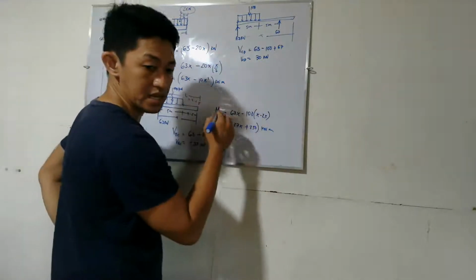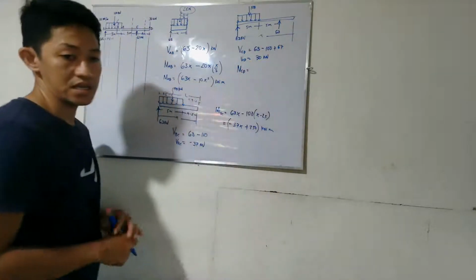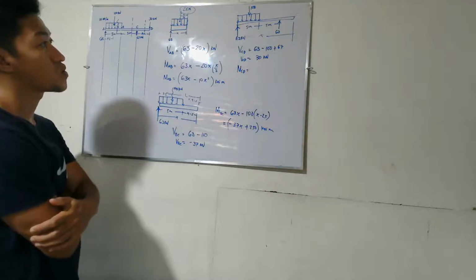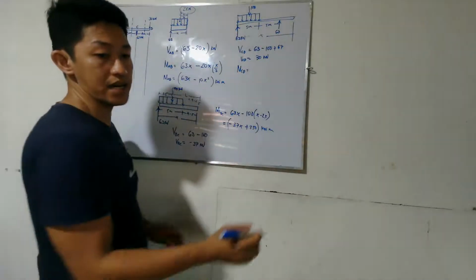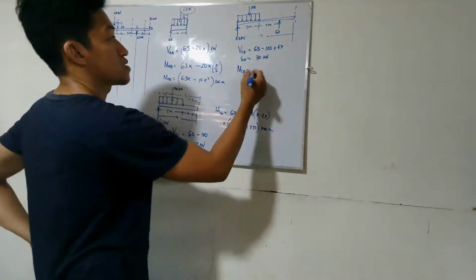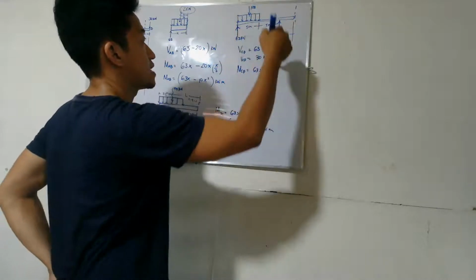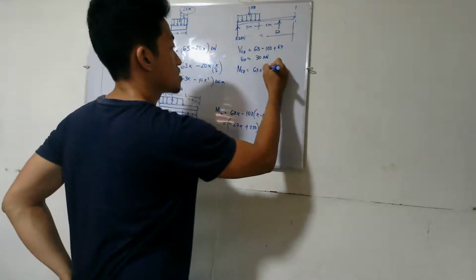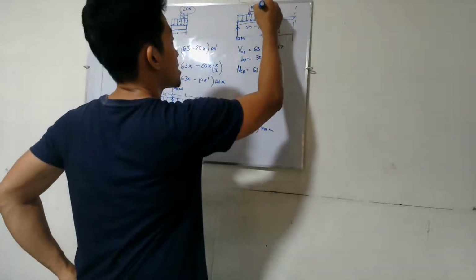Moment CD is equal to, again diri ka mag-sum, diri ka mag dito. So you have 63 times x. Paana? Kani minus 100. Unsa ning length?